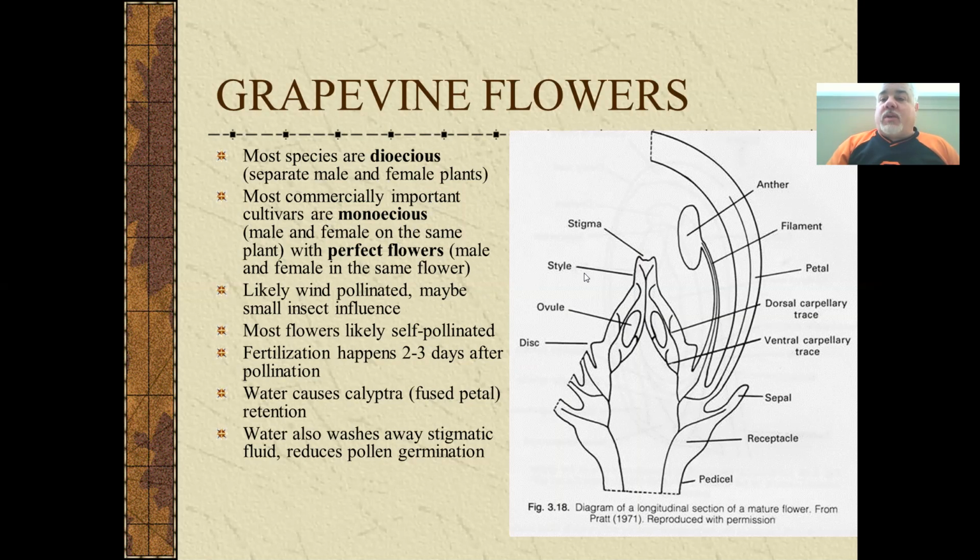But the commercially important plants in the Vitis grape genus are monoecious. Commercial varieties are typically monoecious, meaning the male and female flowers are on the same plant.